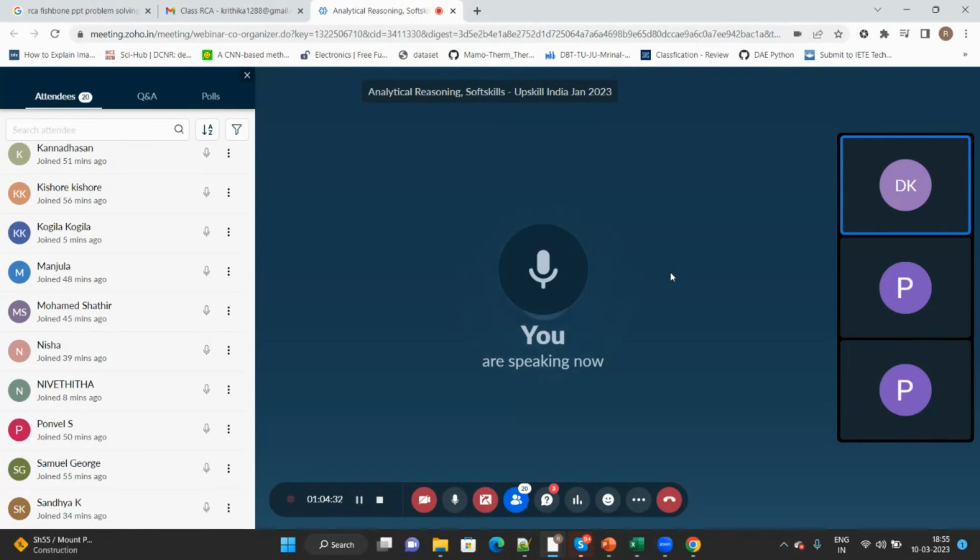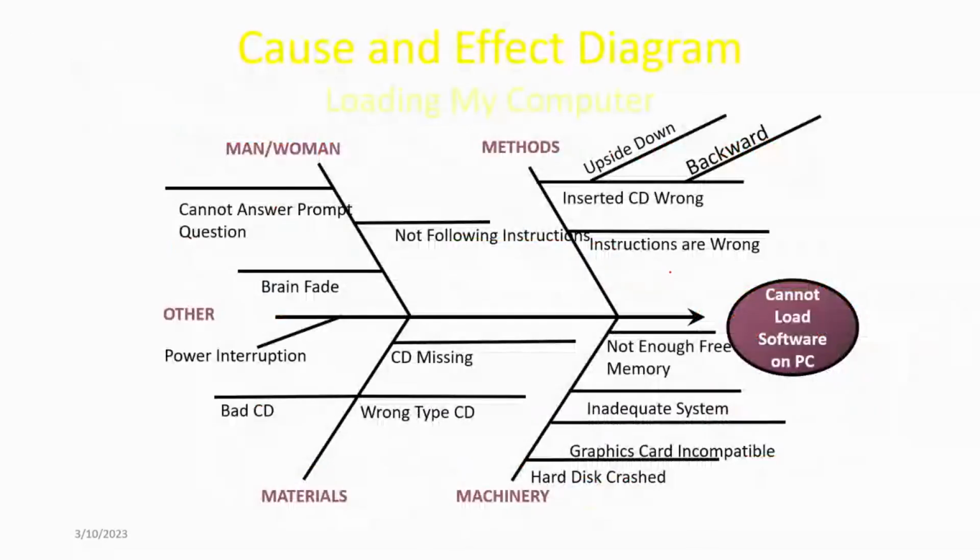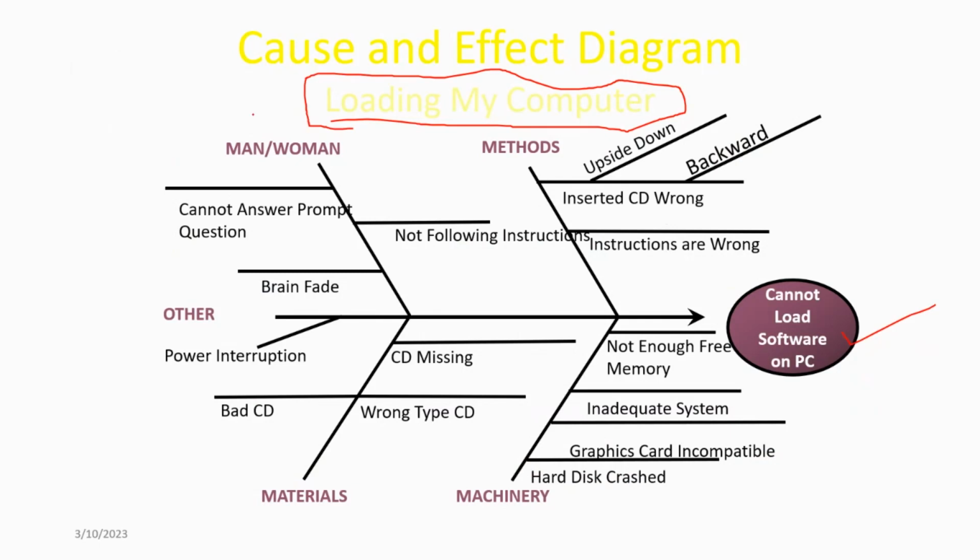Okay, fine. Now, a simple example. So the problem statement is loading my computer. I'm not able to install a software into my PC. That is a problem. So now let me analyze how this problem works.